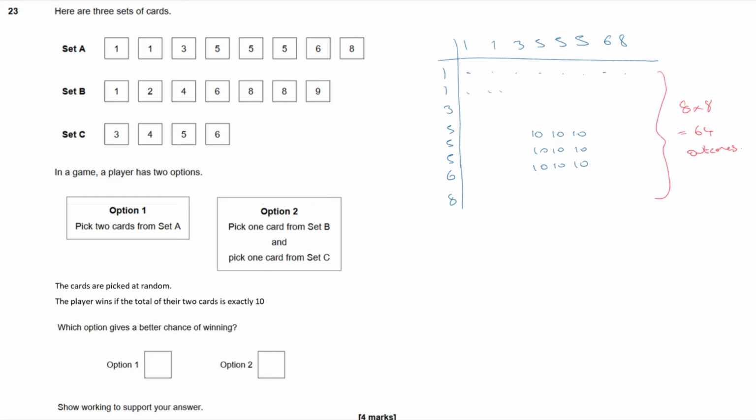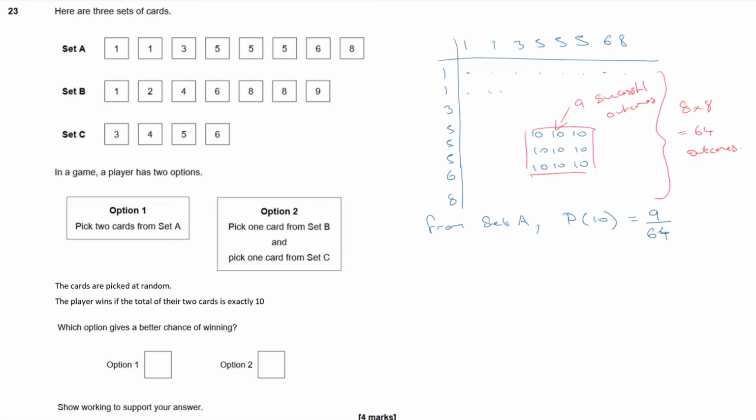Okay, so you've got nine successful outcomes, out of a total of 64 outcomes. So from set A, then the probability of getting a 10 is 9 successful outcomes out of a total of 64.